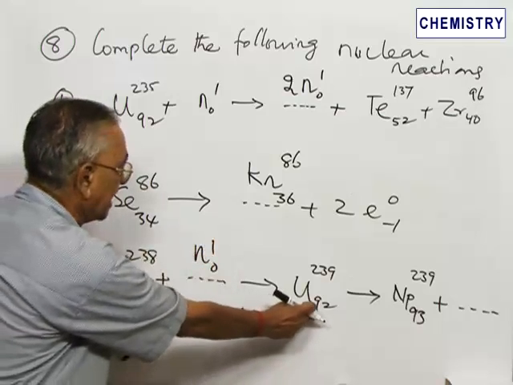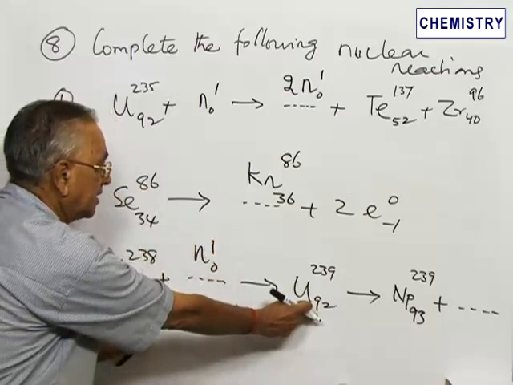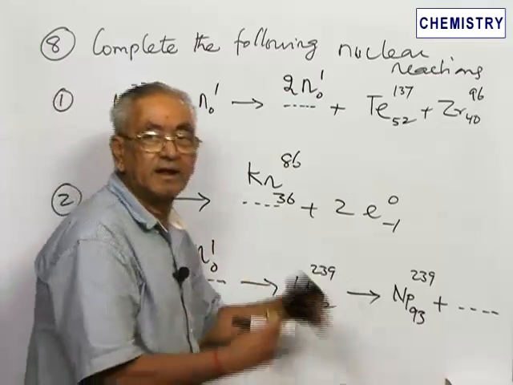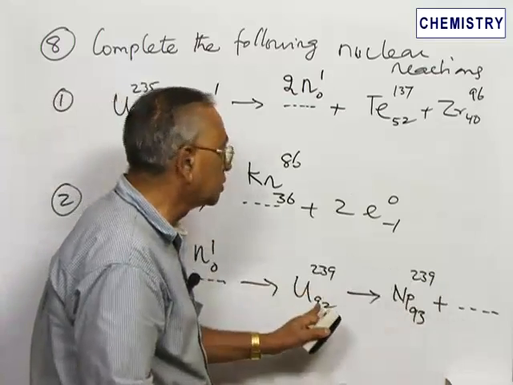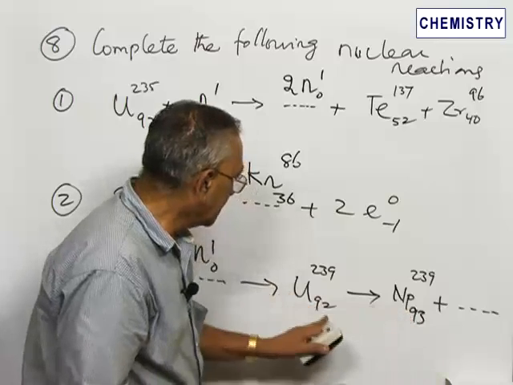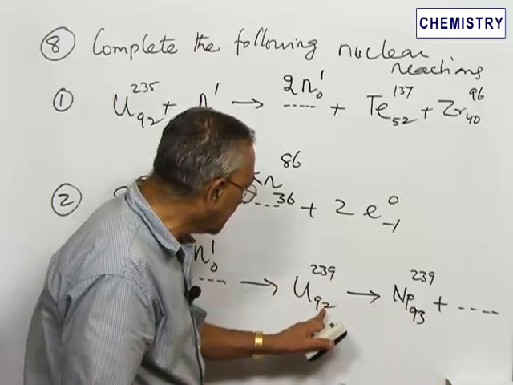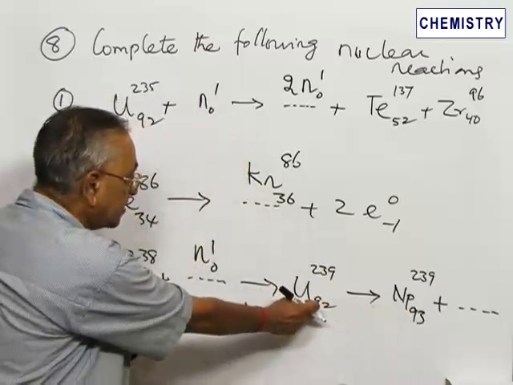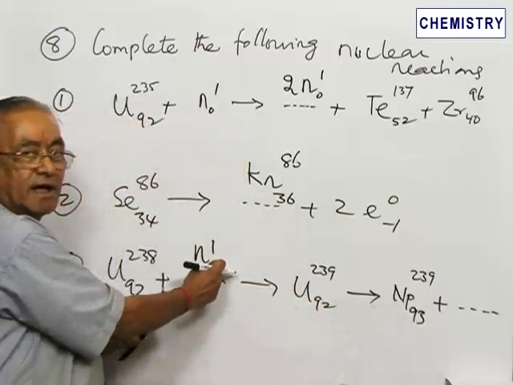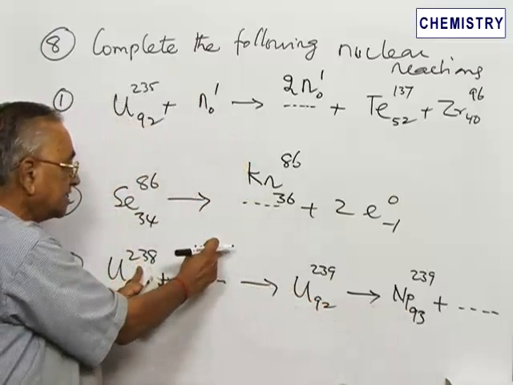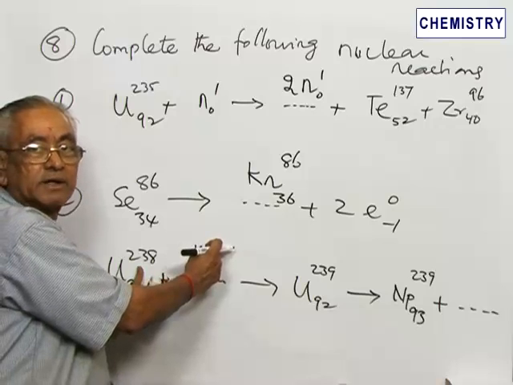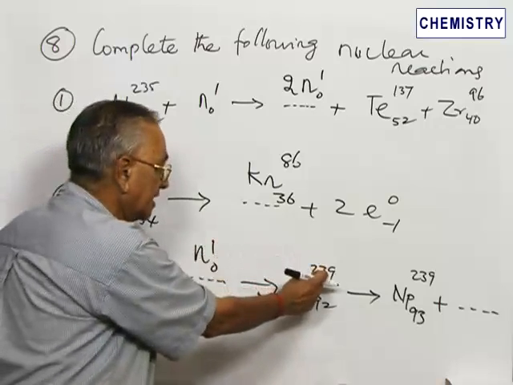There is no change in the charge, so it remains 92. There is no change in the atomic number, only an increase in the atomic mass from 238 to 239.